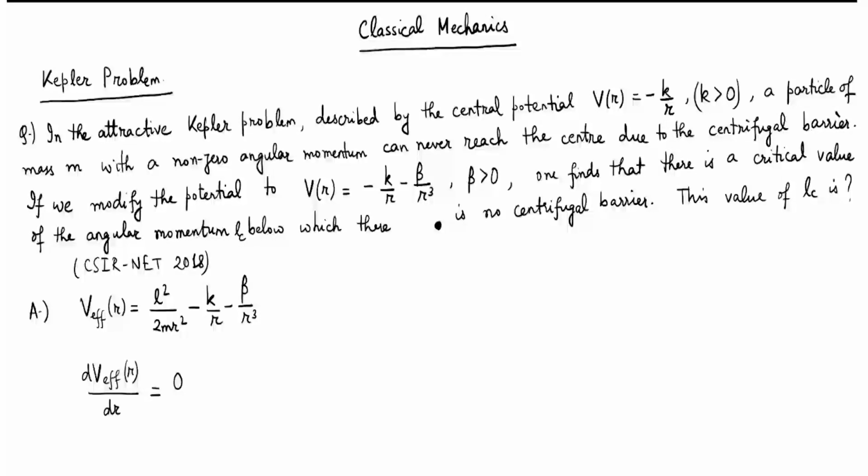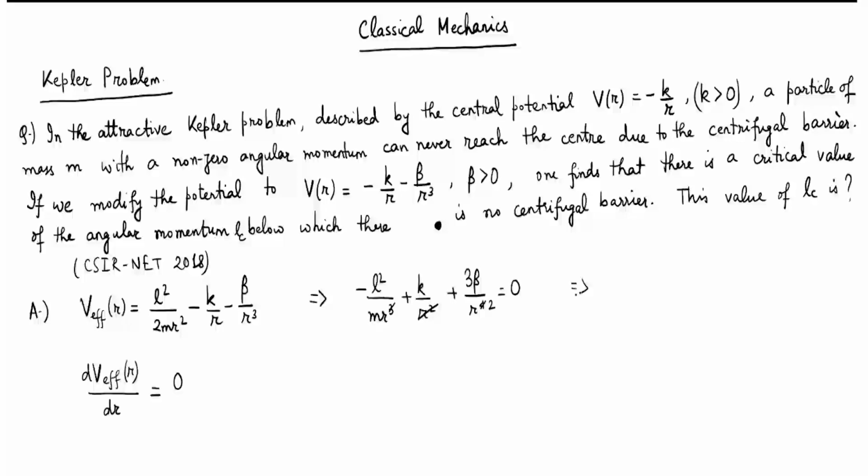So here, if you differentiate and put it equal to 0, what are the values of r you get? This is minus L square by m r cube plus k by r square plus 3 beta by r to the power 4 equal to 0. r cannot be 0, otherwise it cannot orbit, so you can cancel out r.